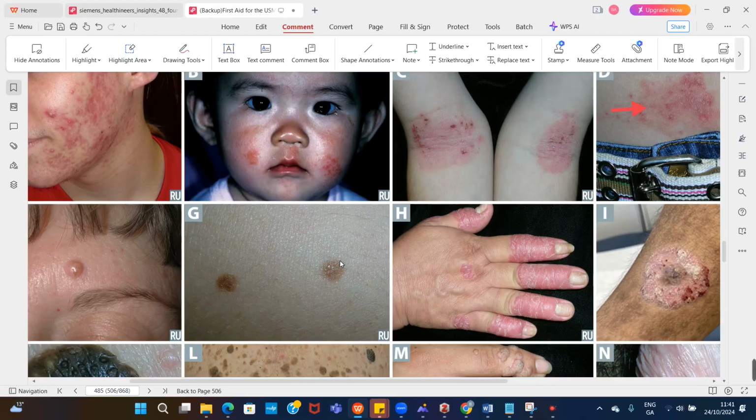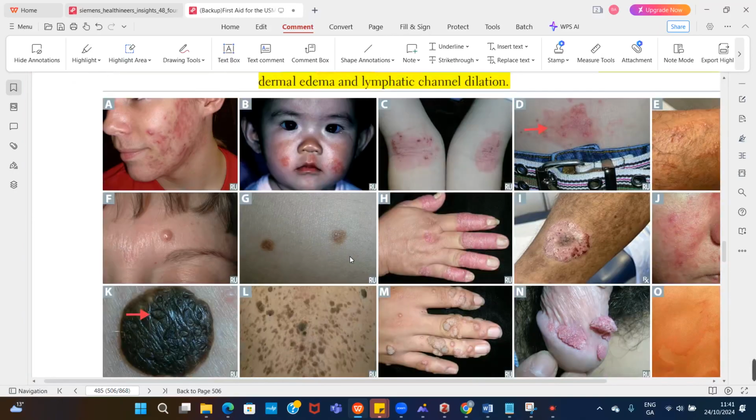We remember that moles are a benign proliferation of what? Melanocytes. And if melanocytes are hyperproliferating, what color do we think they are going to impart? Hyperpigmentation. Black. Exactly. So this one looks brownish, blackish. So we know something happened to the melanocytes here. Mole, and it is flat. This is a junctional mole.